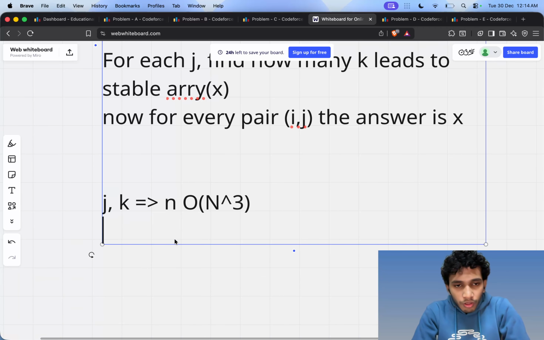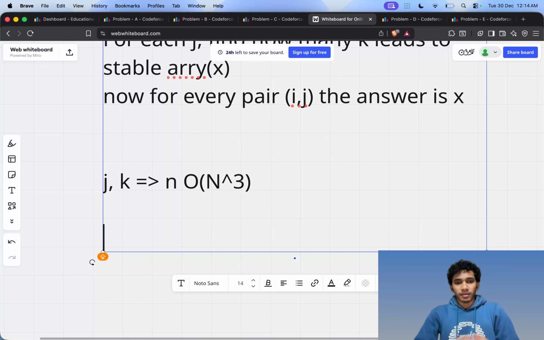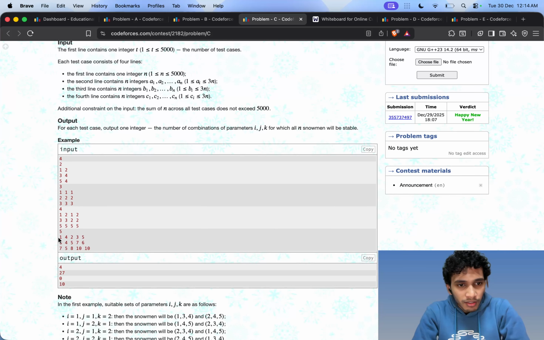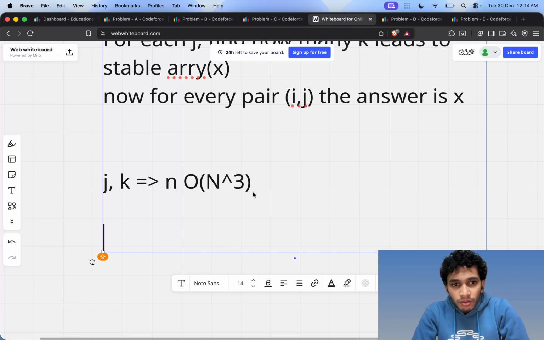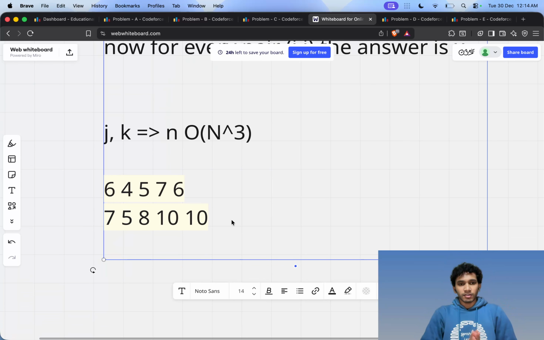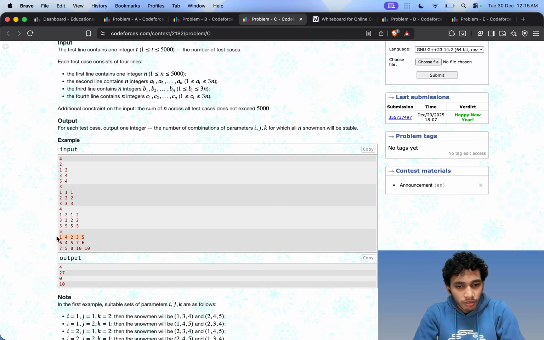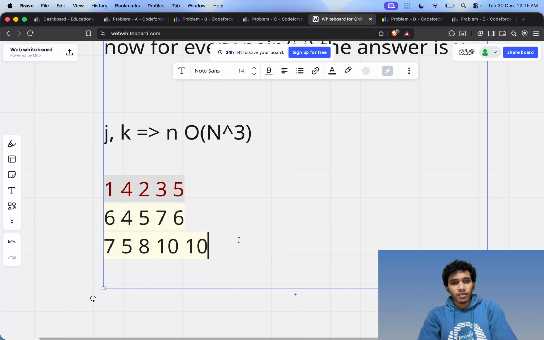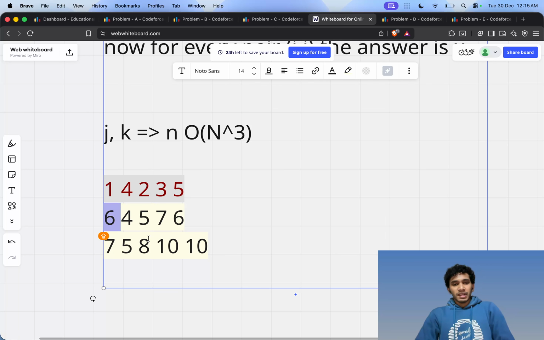So how can we do it? Let's have a test case for understanding this. Let's say this is the test case, and let's copy the whole test case. For this j, how many options are there for a possible k?